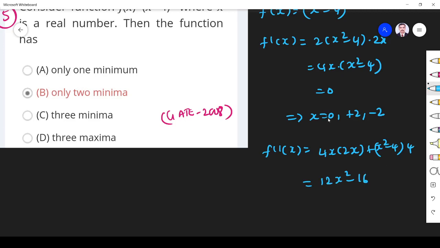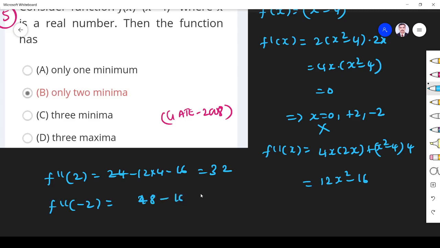We neglect 0. First we substitute plus 2 in f double dash: 12 into 4 minus 16, 48 minus 16, that is 32. Similarly for minus 2, that is also 12 into 4, 48 minus 16, 32.